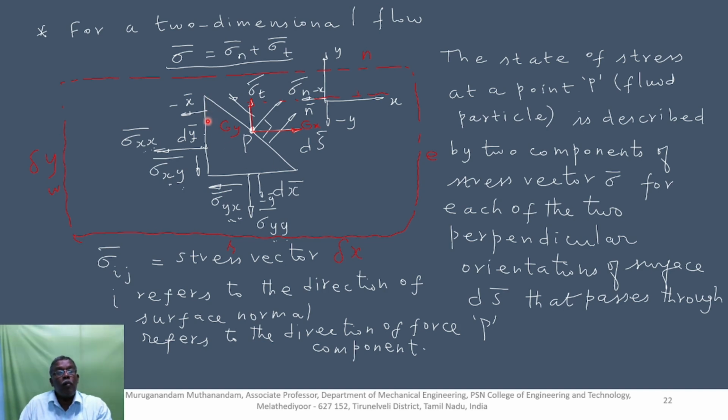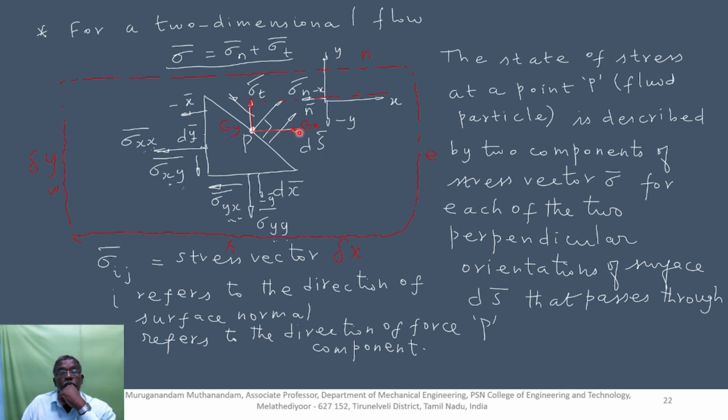Another, vertical orientation of the ds has the two components sigma xx and sigma xy. These are the two components of the stress vector sigma for each of the two orientations of the given surface ds.